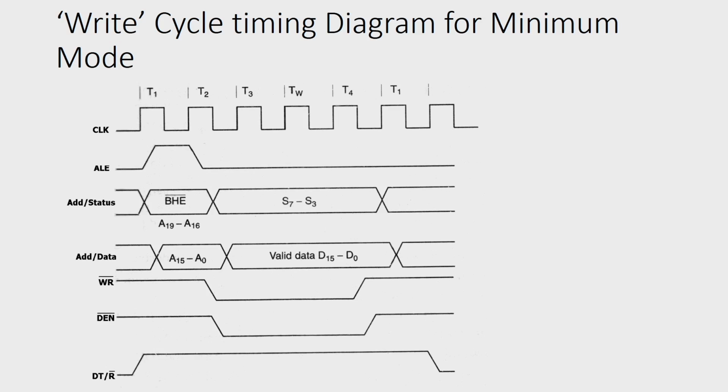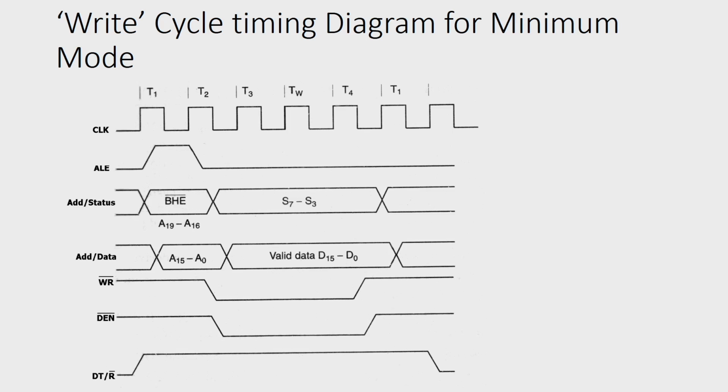Similarly, in case of write, the write bar will be there. All these operations, ALE and the entire thing, are common. The only difference between the read and write cycles is that here, in place of write bar, read bar will be there. DEN bar goes low earlier when compared with DEN bar of the read cycle, because the microprocessor is a fast device.